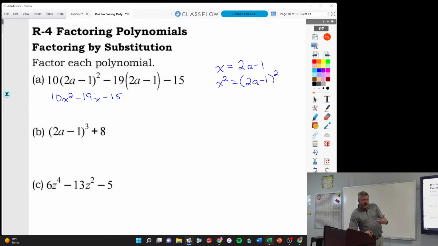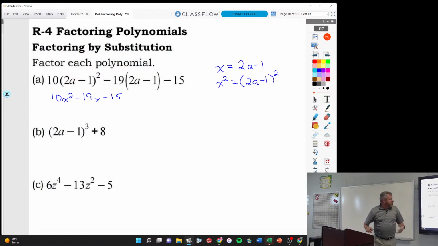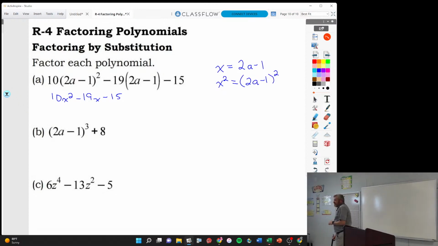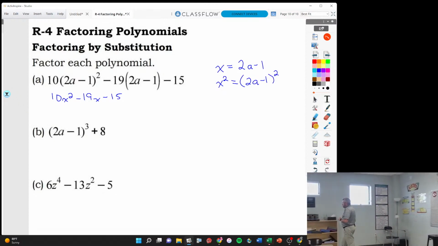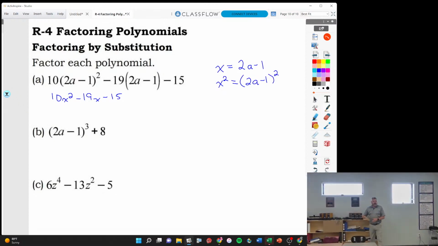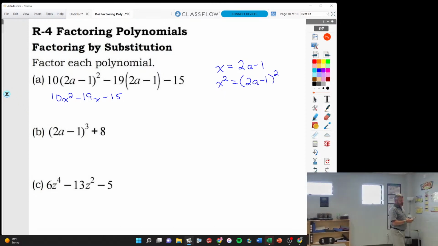And what we're going to do here is factor it just like we did on problems earlier in tonight's lesson. And when we get done, we're going to have x's. But remember, our original problem does not have x's in it, so we're going to have to go back and substitute the 2a minus 1 back in for x.